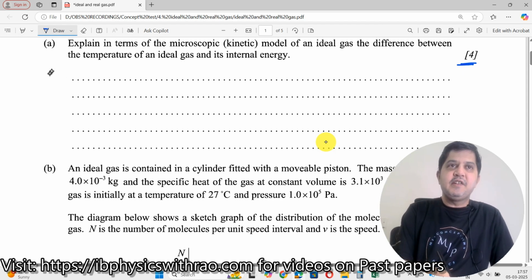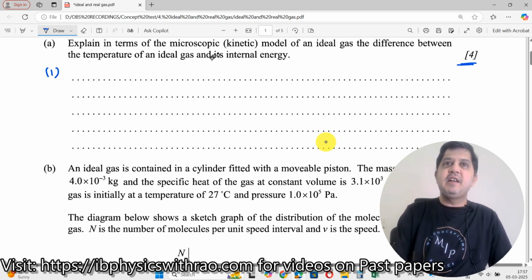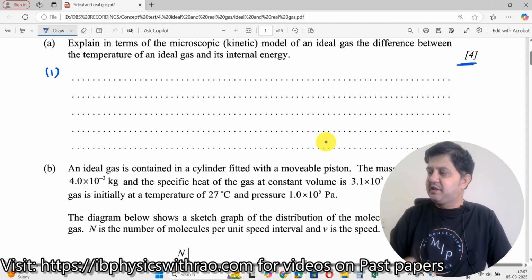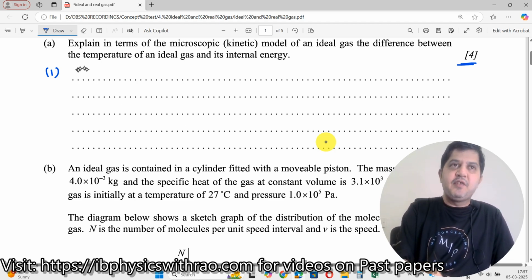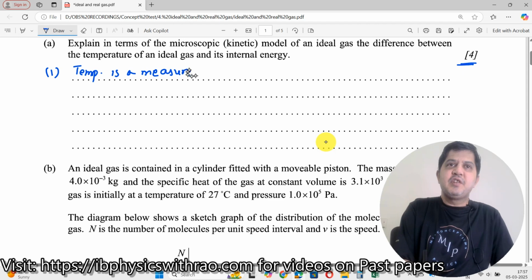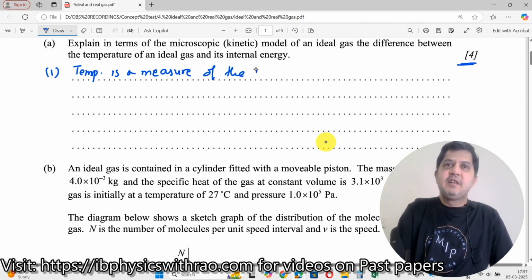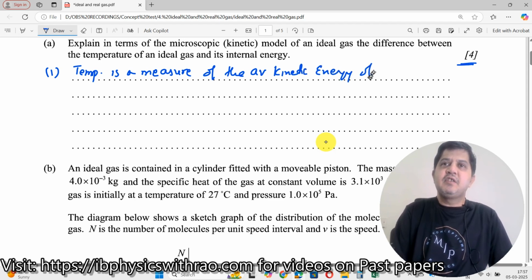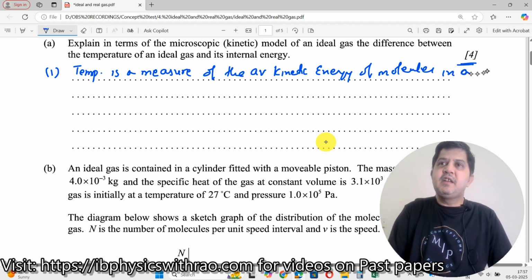The first point is what is the difference between temperature and internal energy. So you can just mention the definition of it. You can say temperature is a measure of the average kinetic energy of molecules in a gas.